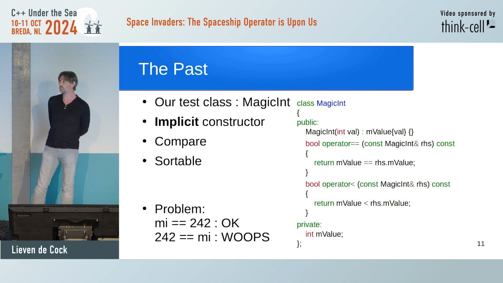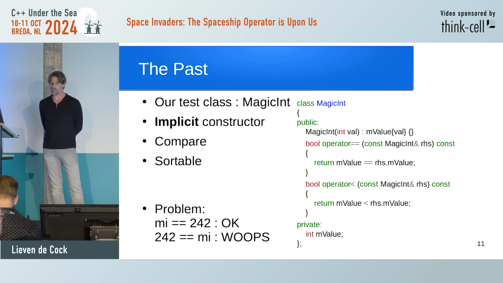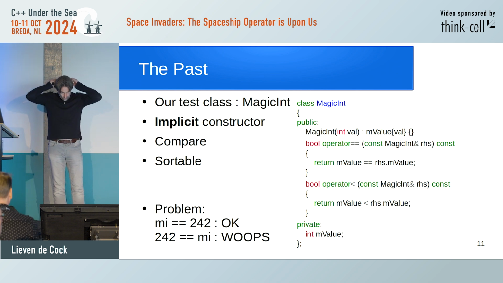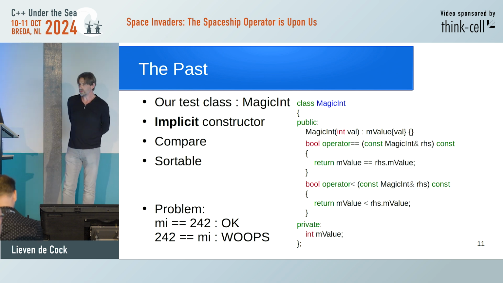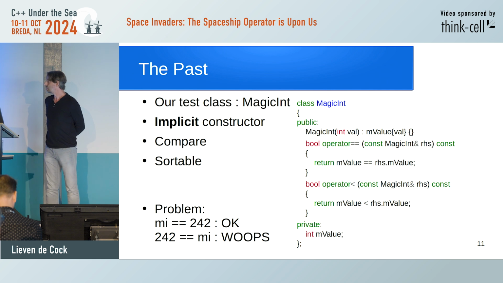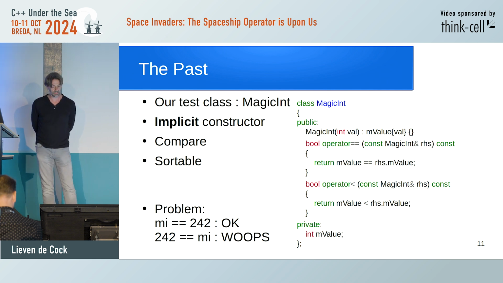It compares the two members, value, and it's const, obviously. And we would also like to sort, so we need the less operator in order to sort. That's also very trivial to write. So yes, our MagicInt can be used in production.